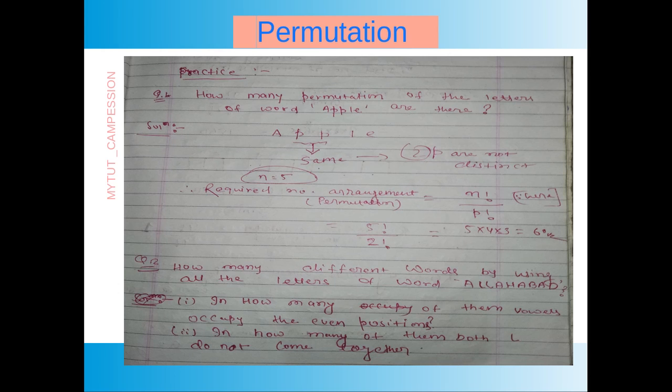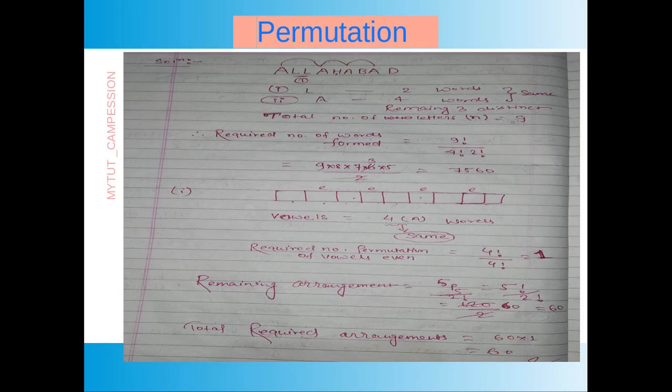Now the question, in how many of them do vowels occupy even positions? Now solve the condition. Here is a box for arrangement of the word ALLAHABAD: even position, even position, even position, even position. The vowels are all the same letter.